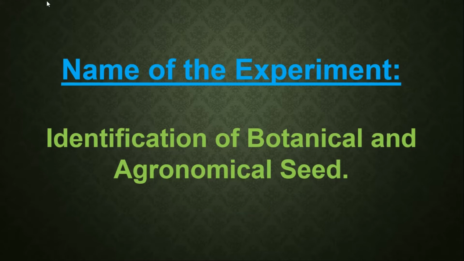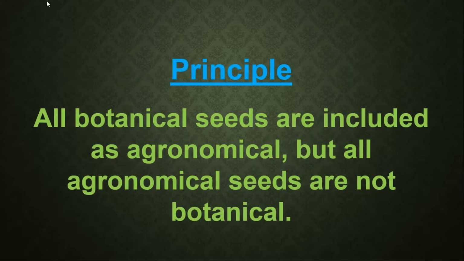First of all, you have to know about the principle of this experiment. The principle is: all botanical seeds are included as agronomical, but all agronomical seeds are not botanical.